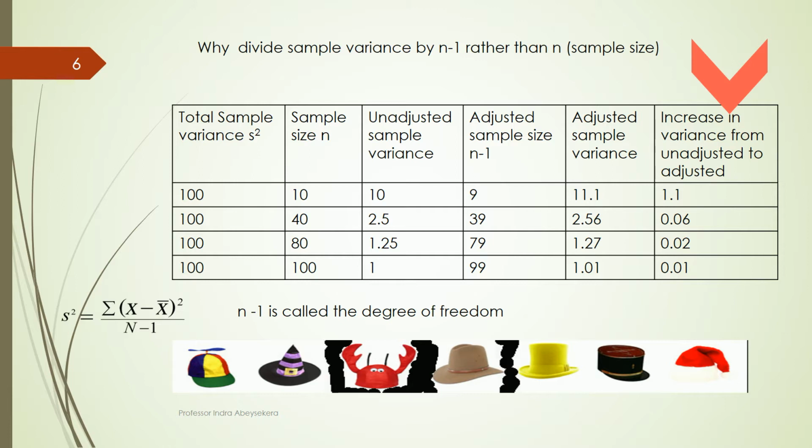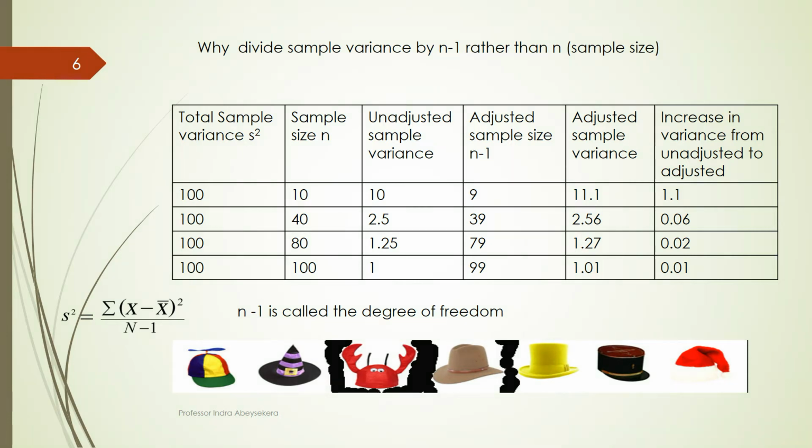So by doing this, we are increasing the variance adjustment more for smaller sample sizes to represent the population variance compared to larger sample sizes where we make a small adjustment.